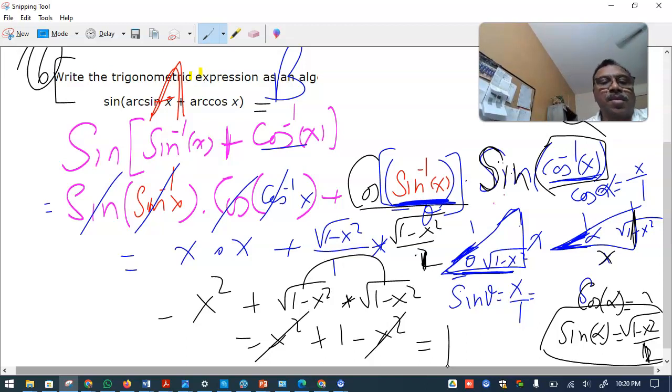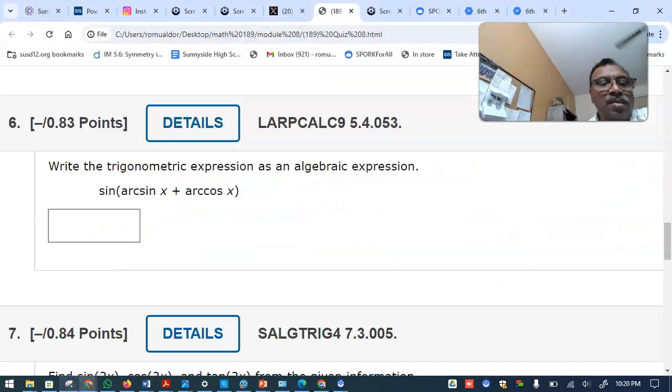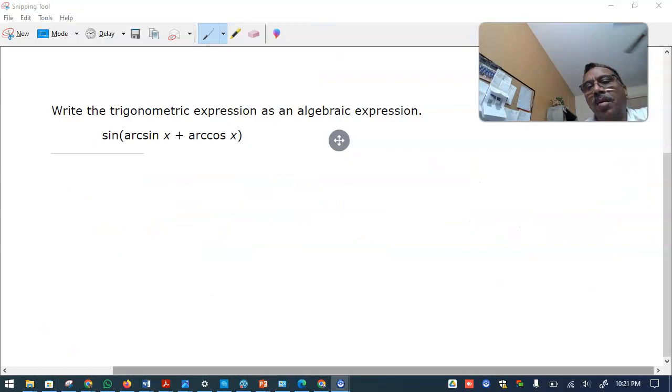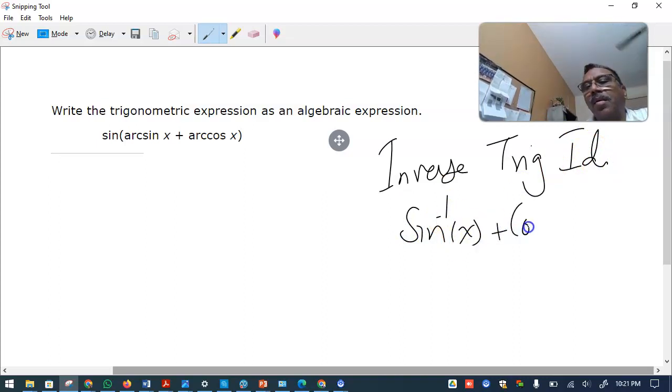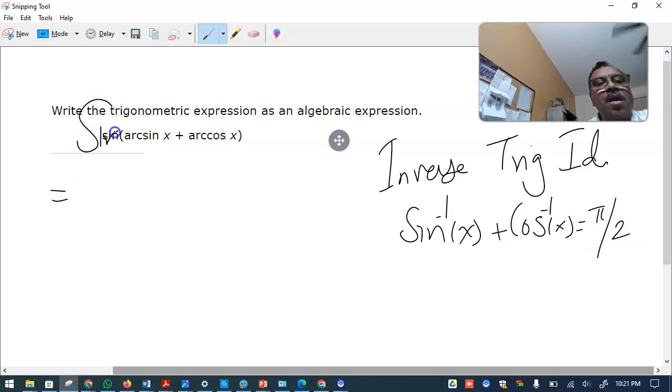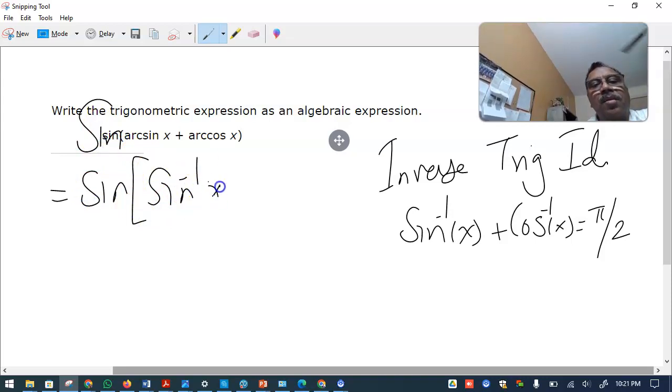So quite a long procedure to show this. But the question is, is there a shortcut? Using the inverse trig identity, which is always sine inverse of x plus cosine inverse of x is pi by 2. So this is sine of sine inverse of x plus cosine inverse of x.